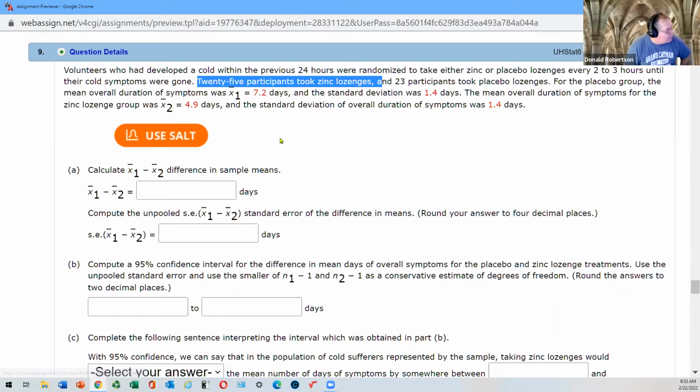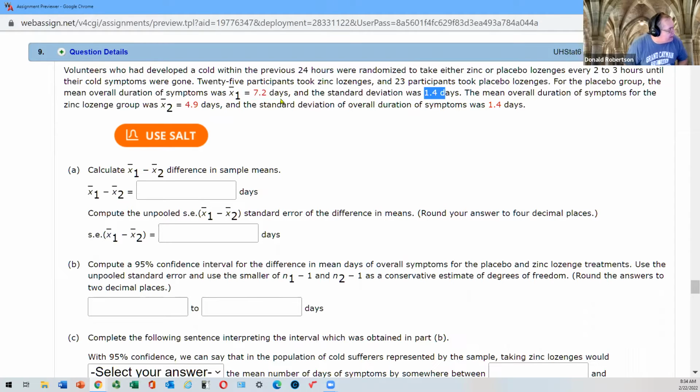So are you comfortable with how, if you get used to the notation, that's where those numbers go. Now the mean overall for the other group was 4.9 days. That can't be right. I got that totally wrong, but I can fix it by just switching places. So that's okay, I fixed it.